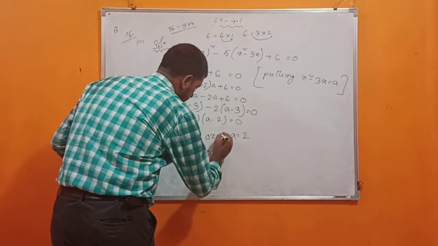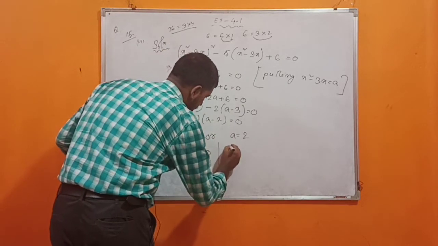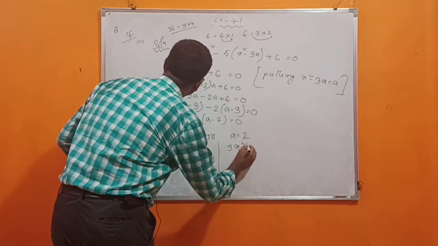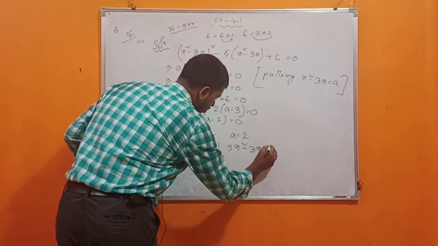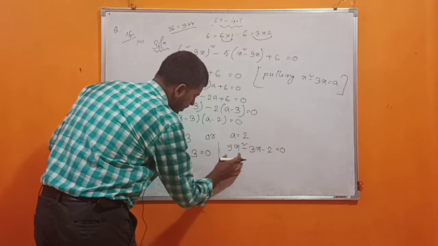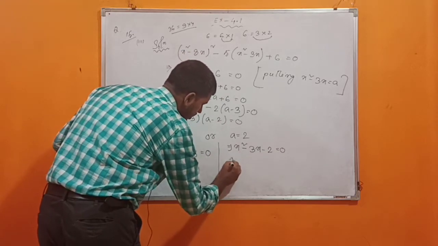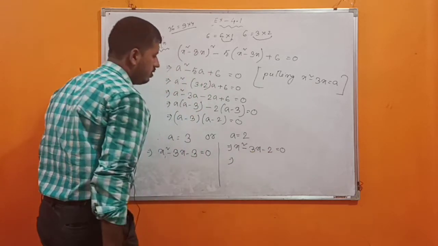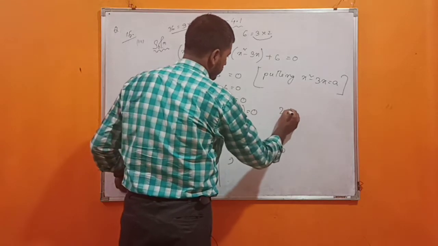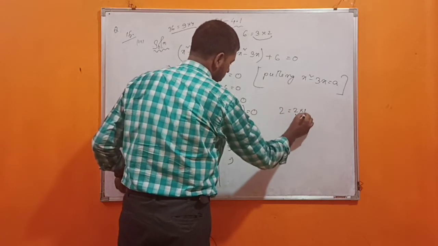So here this will be x square minus 3x minus 2 equal to 0, and this can easily be done through middle term factorization. That is, from 2 we have to get 3. So 2 can be written as 2 into 1 and 2 plus 1 is 3.